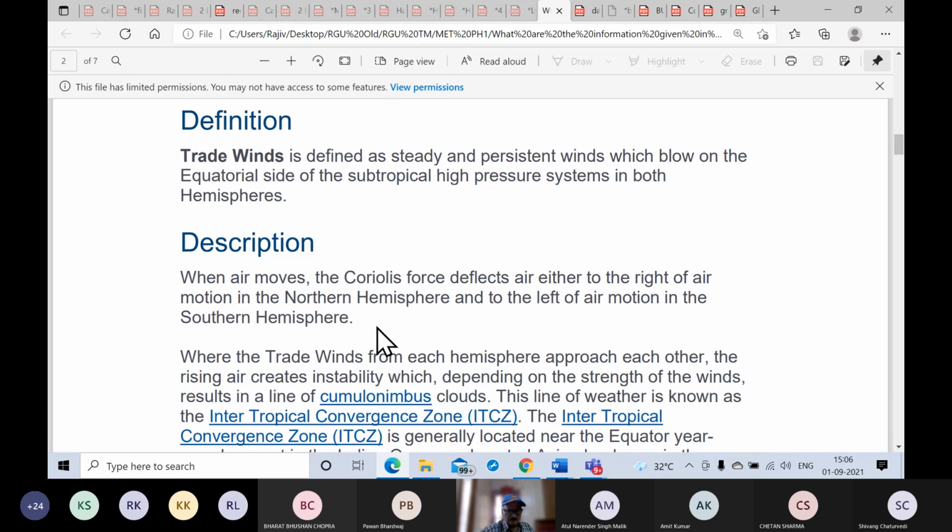When these trade winds from each hemisphere approach each other, then the rising air creates instability. After the trade winds have approached each other from different hemispheres, they rise and create what is called instability of the atmosphere and also result in cumulonimbus clouds.